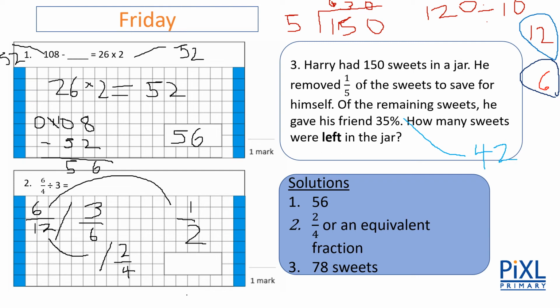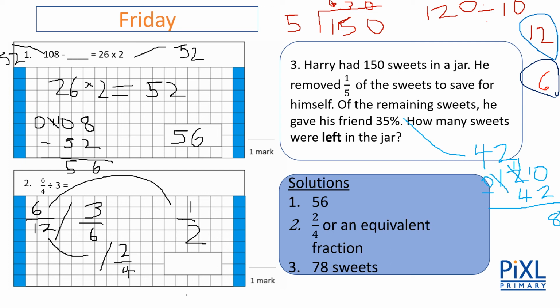42 sweets. So from the remaining sweets he had, we need to take 42 away. So 120 take away 42. 0 take away 2 I can't do, so I'm going to have to come to my 2, which becomes a 1, exchange and regroup, and my 0 now becomes a 10. 10 take away 2 is 8. 1 take away 4, again I can't do it, that becomes a 0.